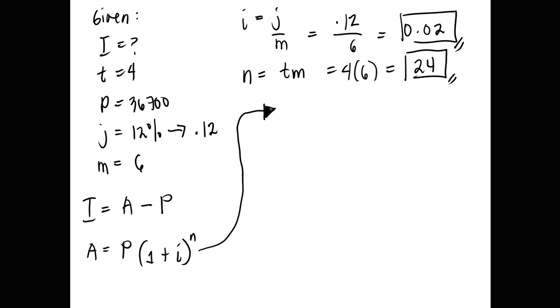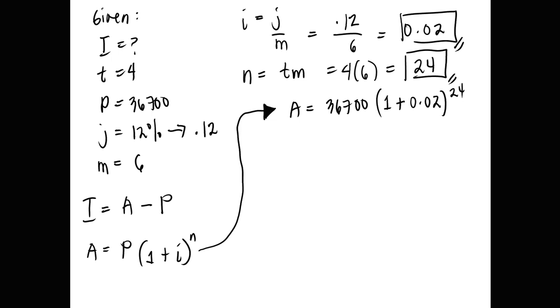So, since given na po lahat, ano na lang ang gagawin natin? We need to substitute, then solve. So, future value is equal to our P, which is 36,700, multiplied by 1 plus our I, which is 0.02 raised to N, which is 24.